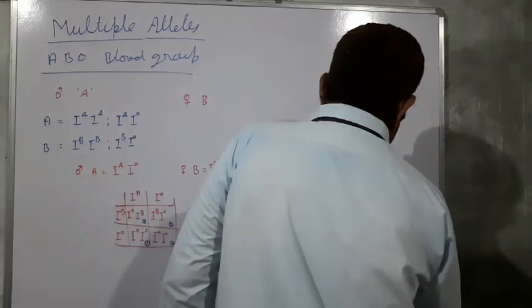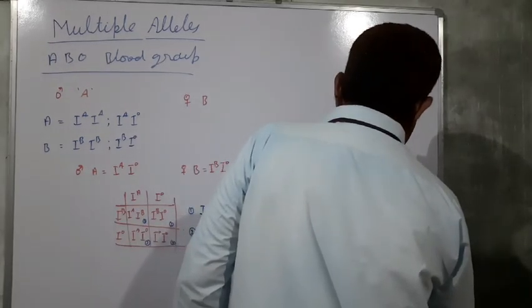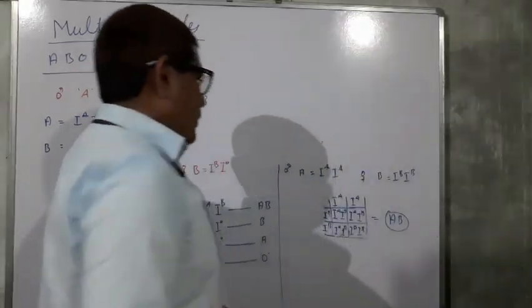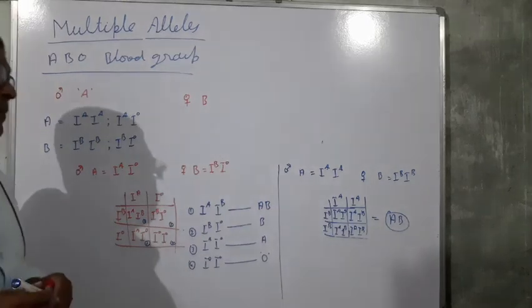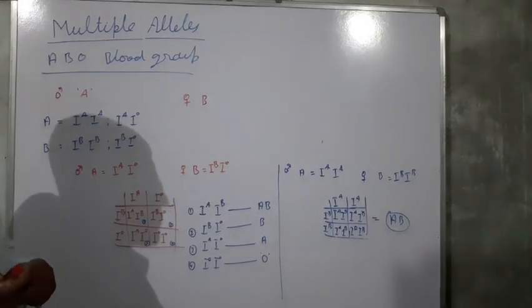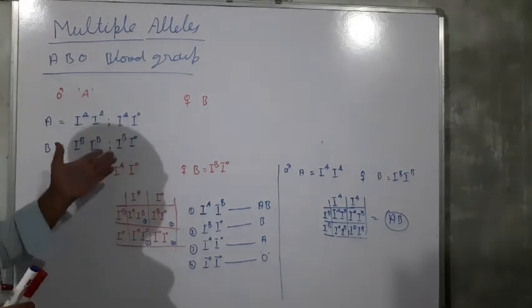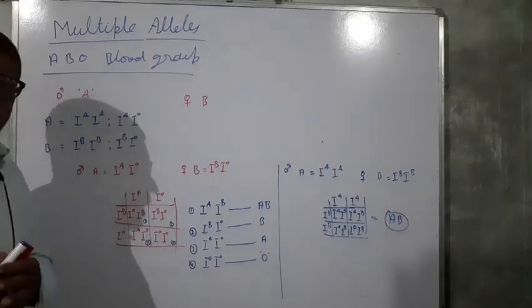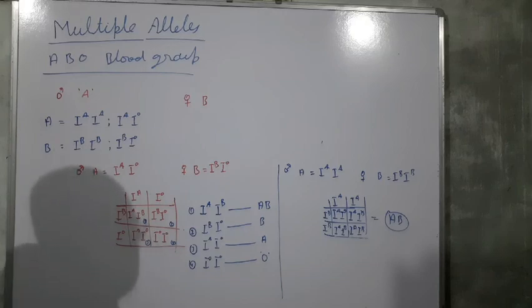All the progeny will be of blood group AB. So in this way, we can say that if the parents have blood group A and B, then depending on their genotypes, different possibilities are there in the offspring.